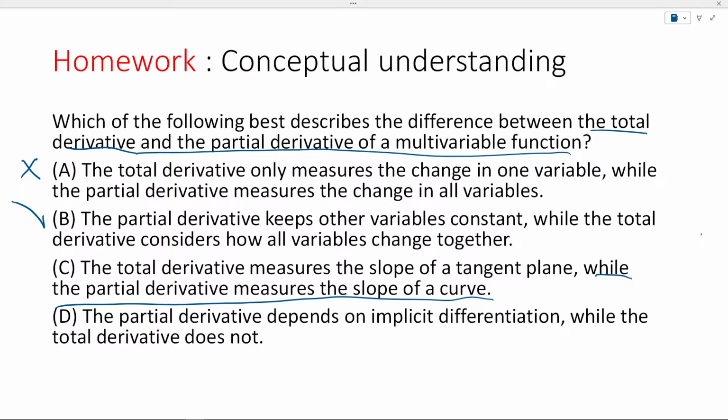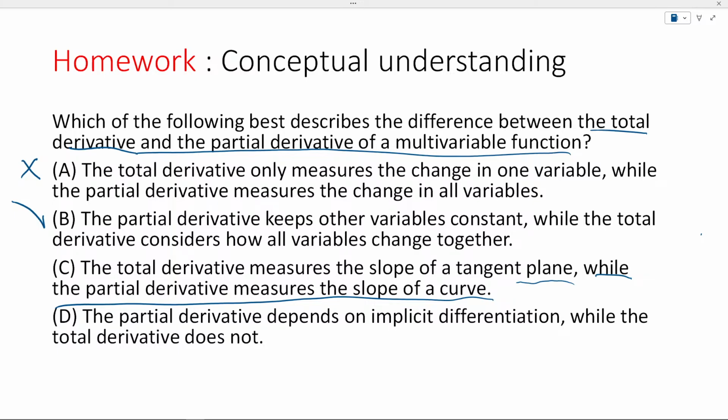While the total derivative can be treated as a tangent plane, especially by definition, it's more accurate to say that it describes changes along a path, not specifically a plane.